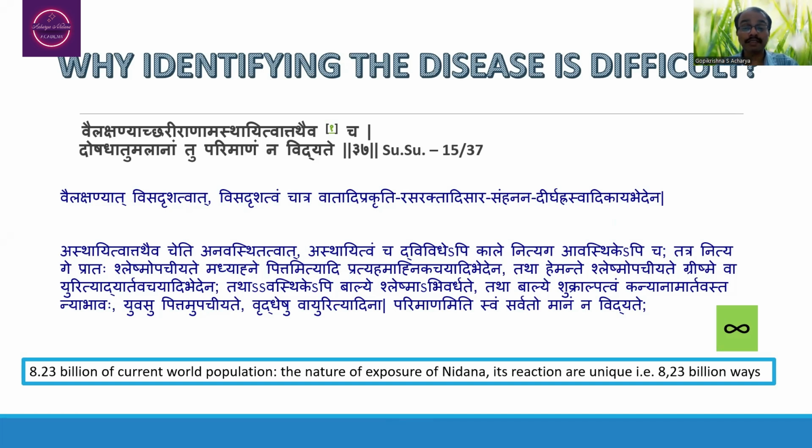Or otherwise, Rasarakta Sara. The Sara of an individual will vary in all individuals. Samhanana, the compactness of the body, may differ in each individual depending upon one's capacity to do work, or the nature of one's sedentary lifestyle, etc. Plus, Dirghaswadikaya Bhedena, depending upon the stature also.